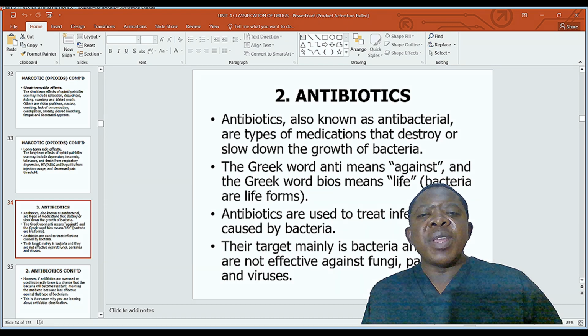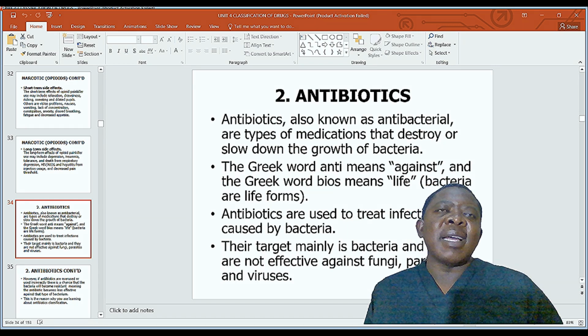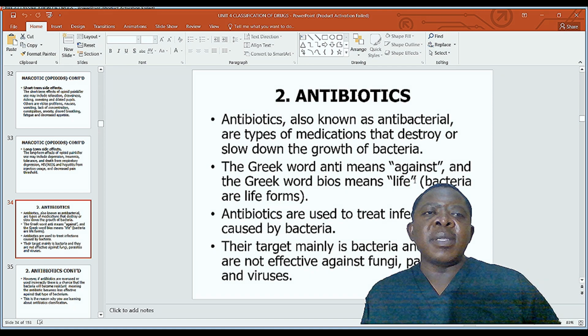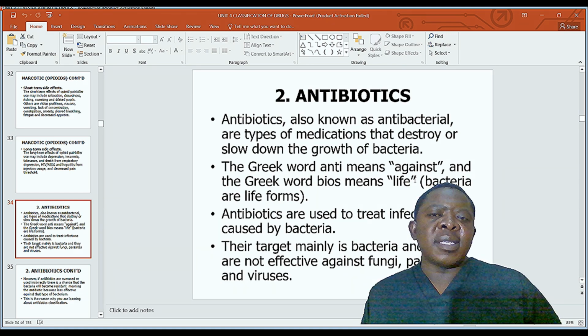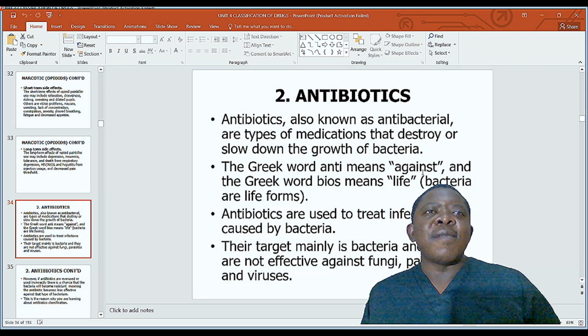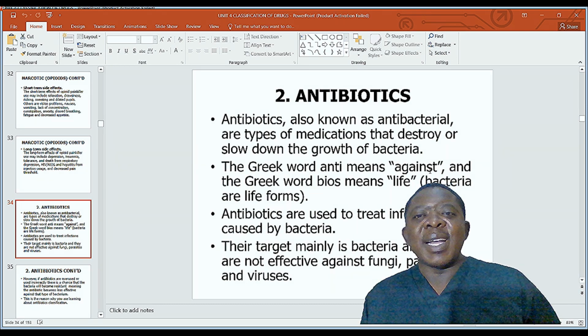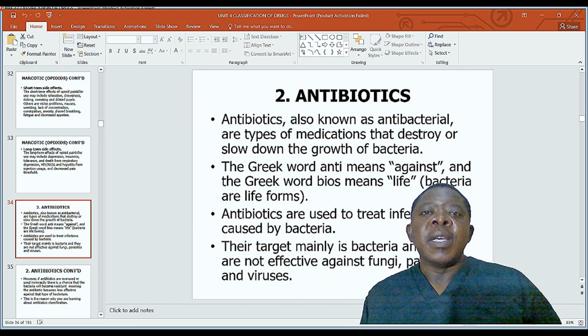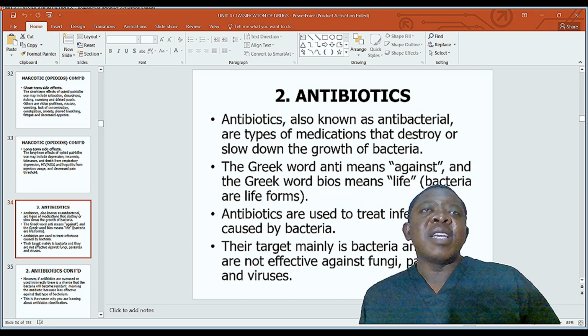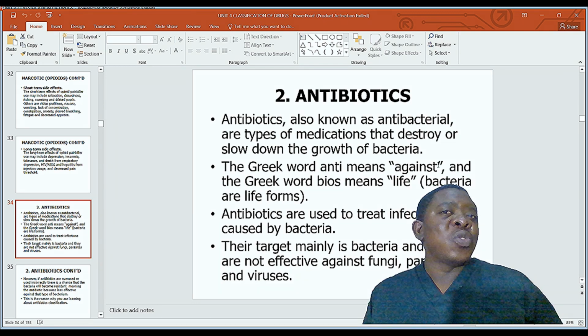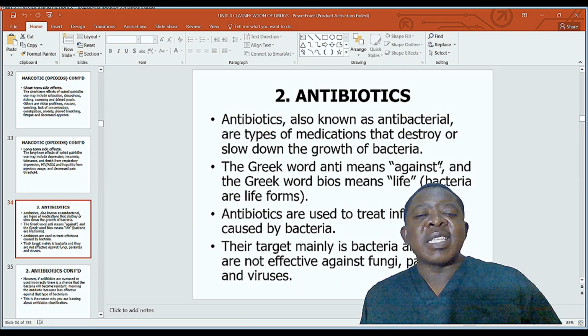Then we also talked about NSAIDs. We talked about paracetamol, that exceptionally is different from other non-narcotics because it does not have anti-inflammatory properties, but it has the analgesic effect and the antipyretic effect. Then we also gave examples of non-steroidal anti-inflammatory drugs like aspirin.